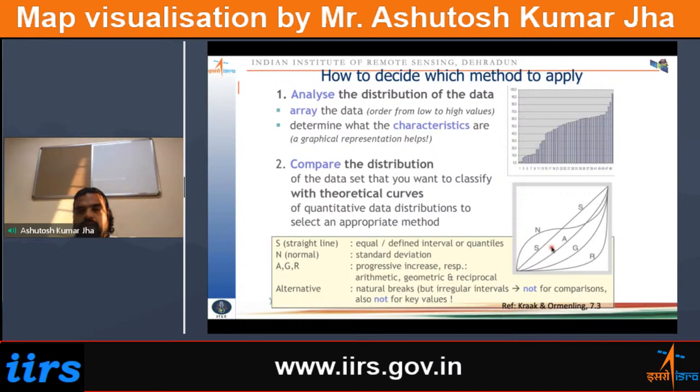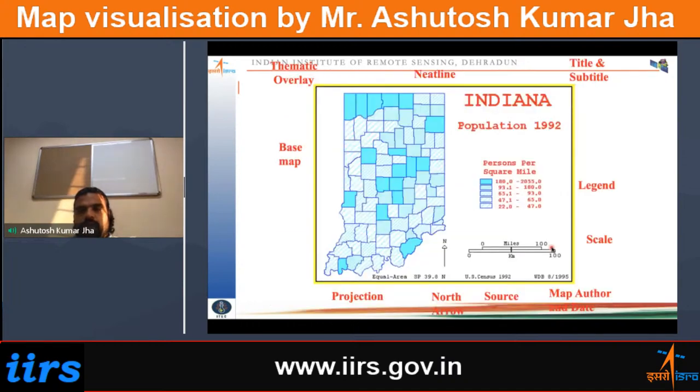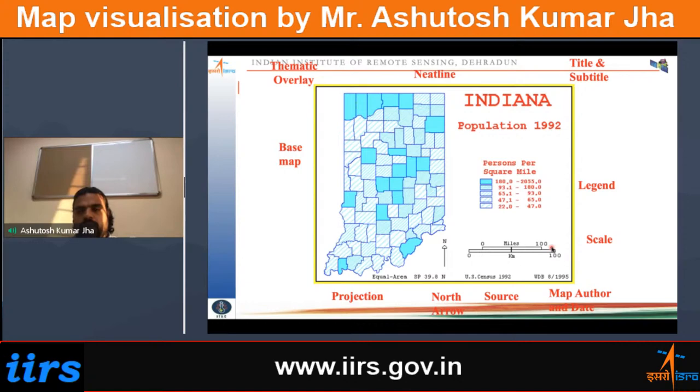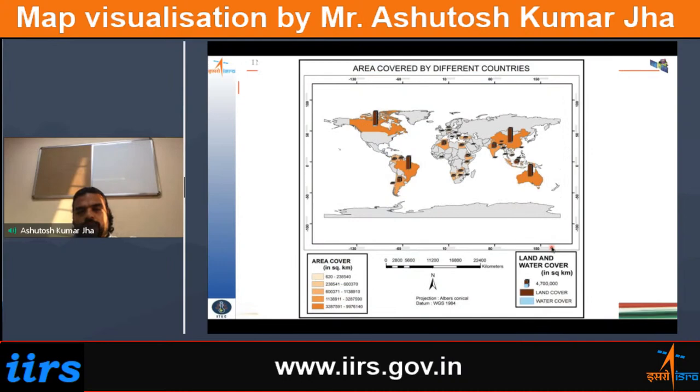This is just an example of applying all those classification principles and representing them. Finally, you have to annotate that information with appropriate map elements. Those map elements have to be put together to generate a complete thematic layer. There is also a way to represent multiple attributes combined together with different visual structures.